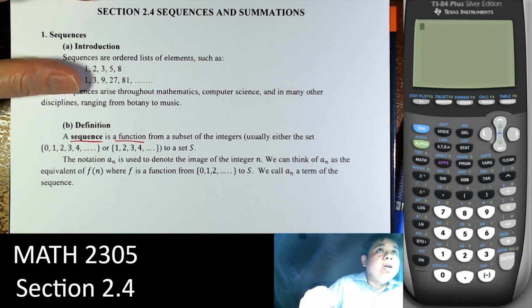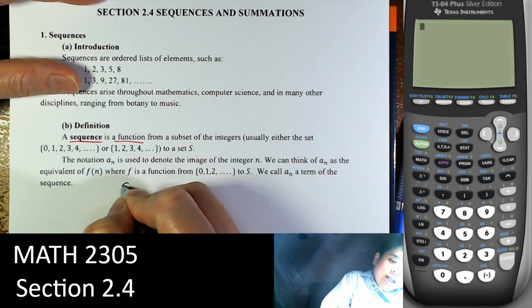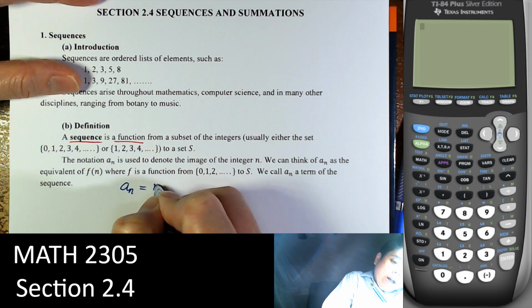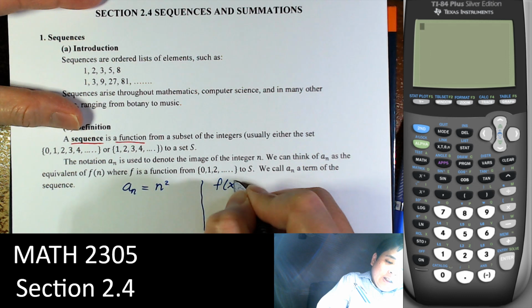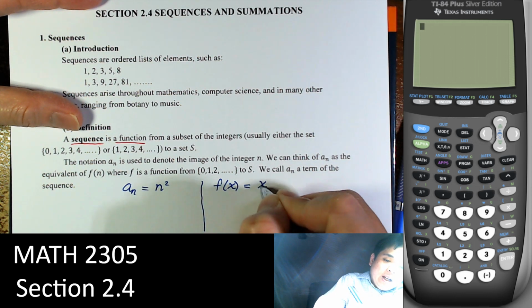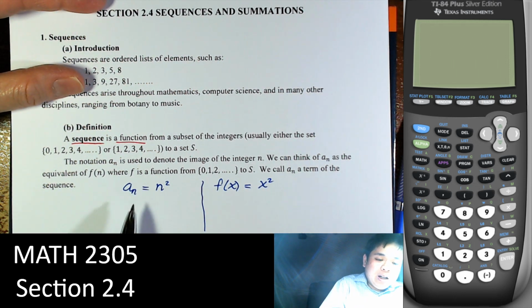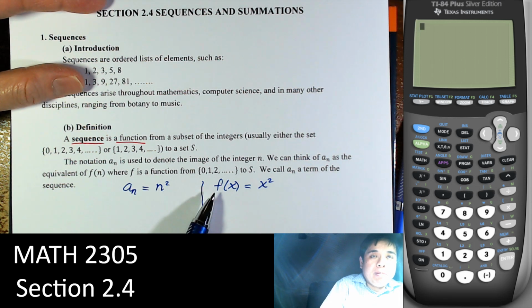For example, if we write a sub n as n squared for the sequence, and for the function we write x squared. We say, what's the big deal, right? The big deal is, first, the notation: it's a subscript, and it's not inside the parentheses like that.